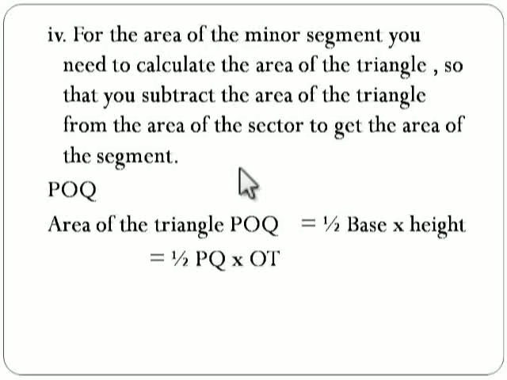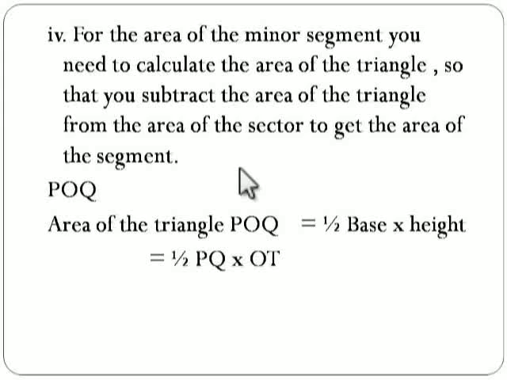This is also another one. That is question number 4. For the area of the minor segment, you need to calculate the area of the triangle so that you subtract the area of the triangle from the area of the sector to get the area of the segment.